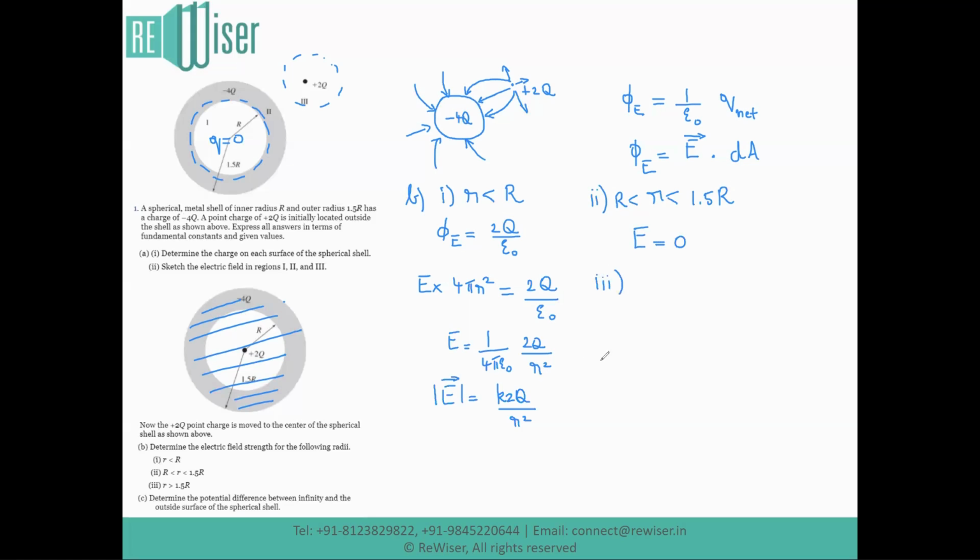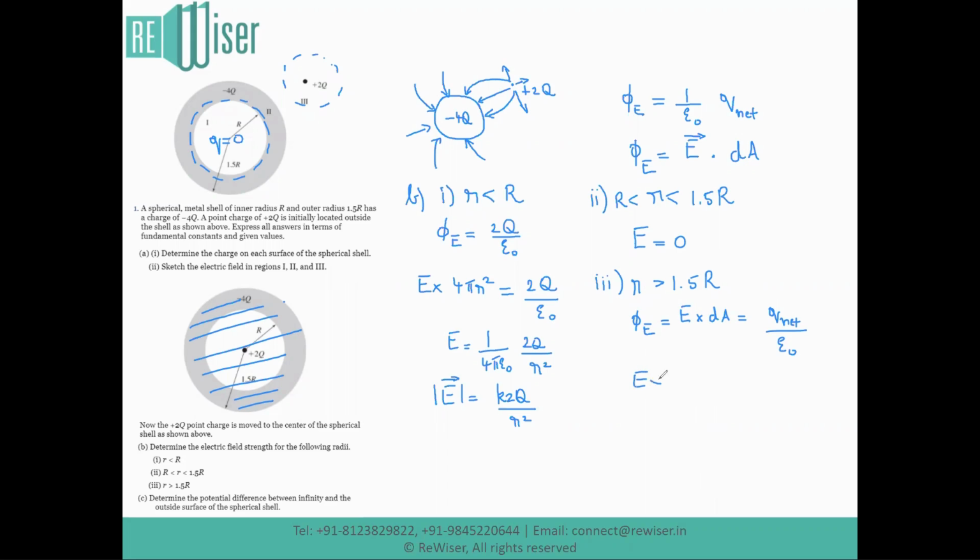Moving on to part 3, I have the value of r such that it is greater than 1.5 times the capital R. Let me correct this mistake. Small r is greater than the value 1.5 R. Now, in this case, I still use the Gaussian equation. Flux phi, which is equal to electric field E into area dA, is equal to Q net by epsilon naught. So here I can simplify it further.